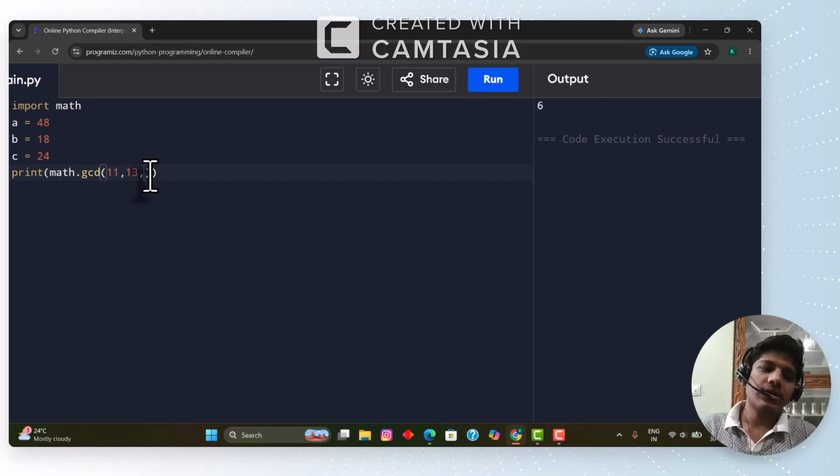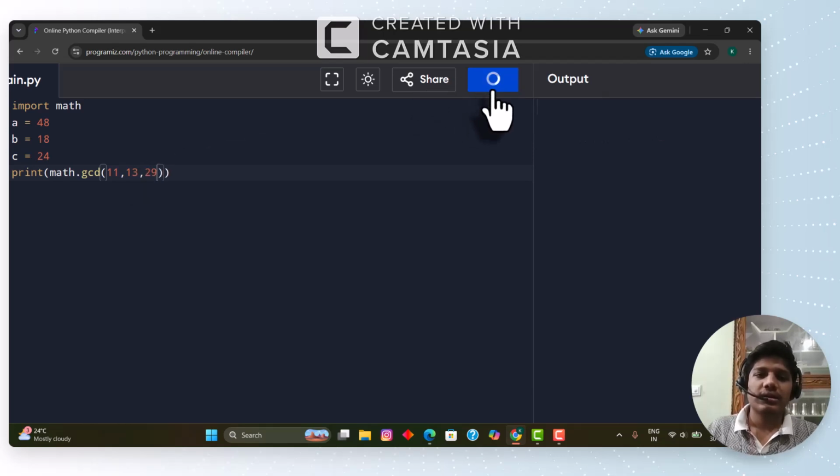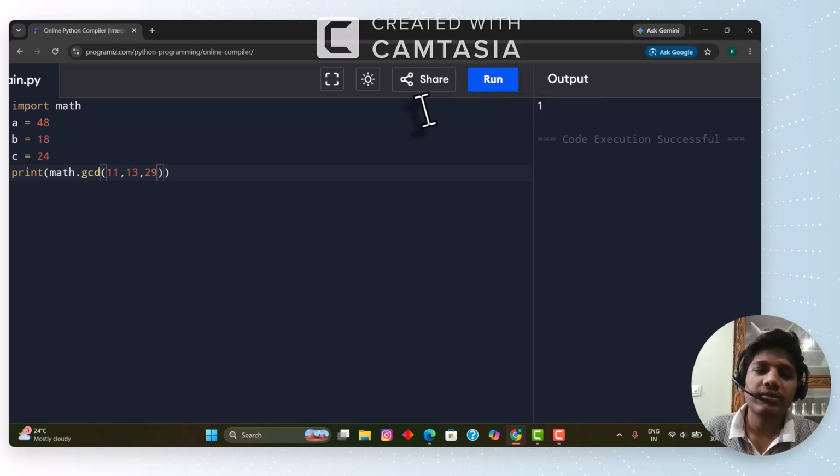So what is the greatest common divisor which will divide these prime numbers? Either itself or 1. Itself means 11 and 13, but 13 is not divisible by 11. So there is only one answer, that is 1. 29 is also a prime number. So we get the value 1 for prime numbers.